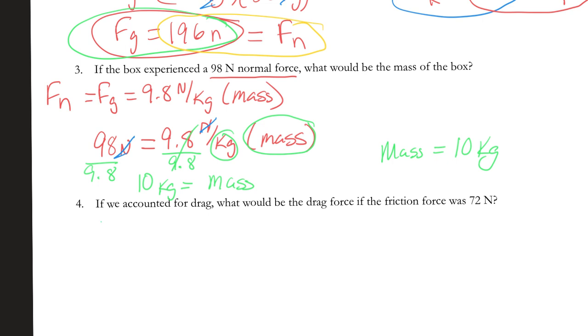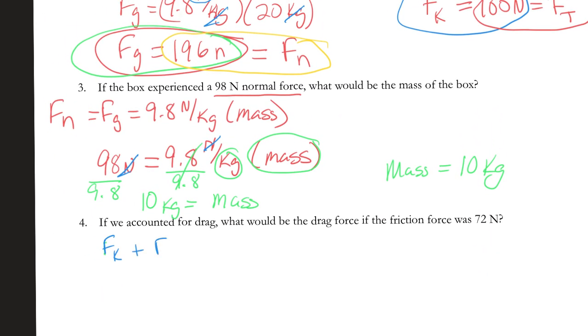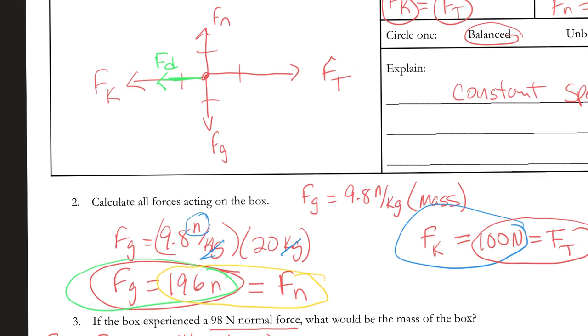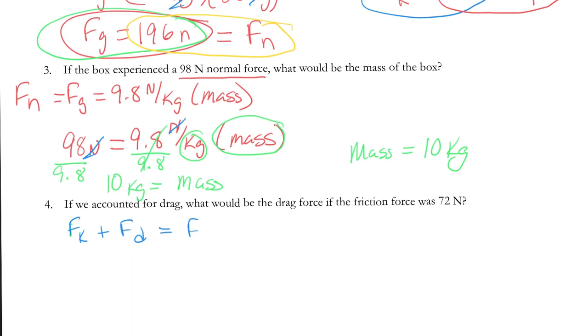Our force of friction plus our drag force is going to be equal to that force that is pulling in the opposite direction, which was the force of tension. So now I'm going to go ahead and substitute my numbers in and calculate the drag.